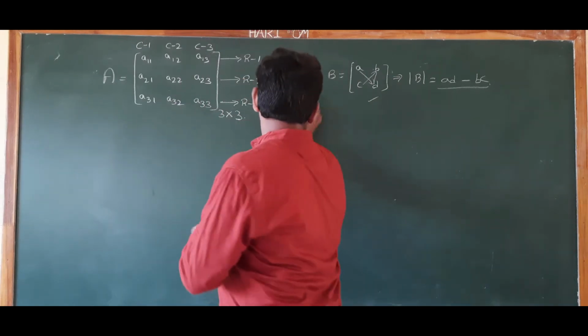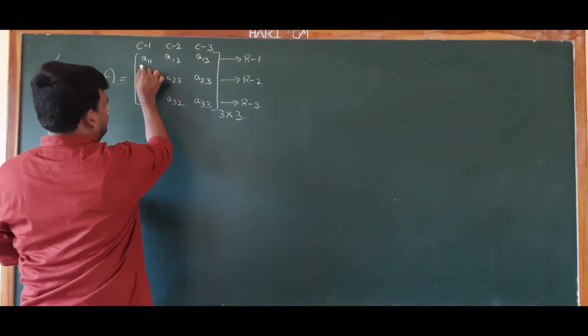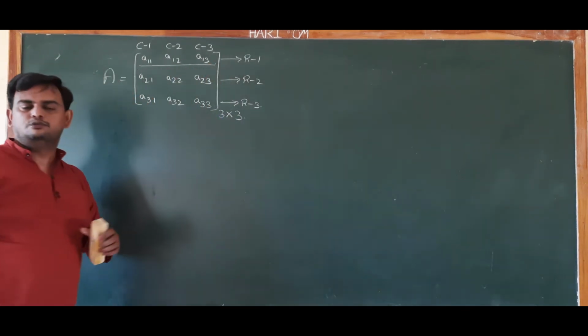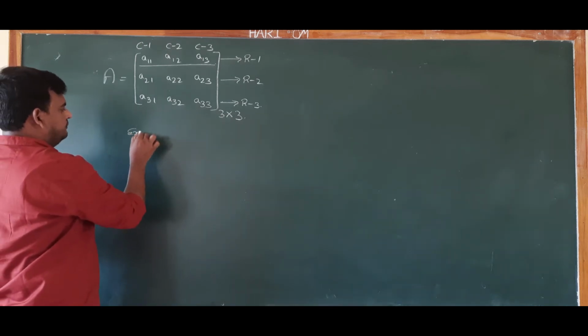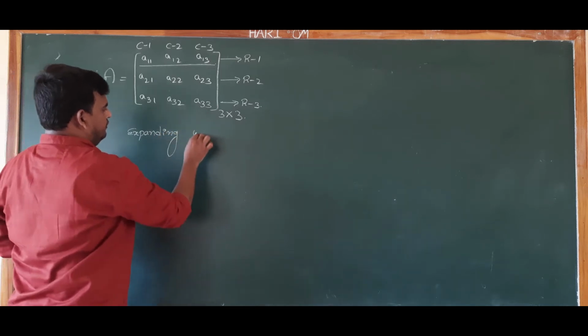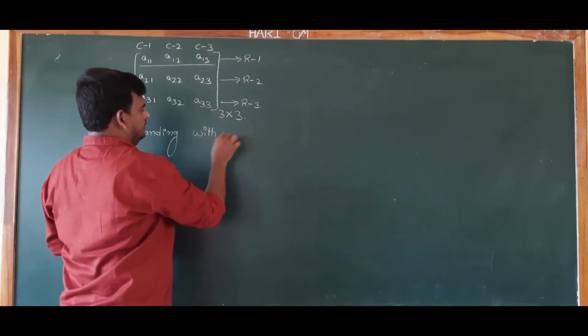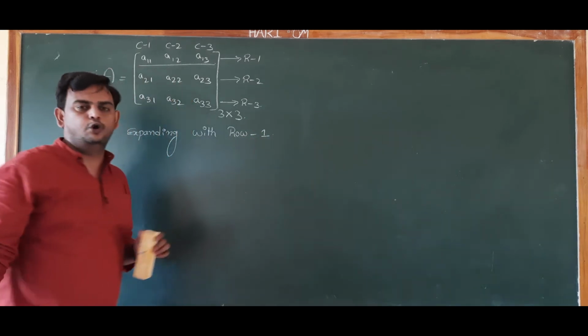Now let us see how to convert and expand the 3 by 3 square matrix into the form of 2 by 2 square matrices. For example, I am choosing row 1 and expanding with the support of row 1.